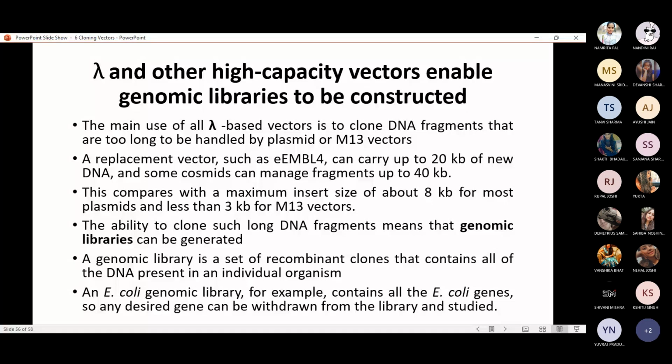And if your aim is to clone a whole genome, then you will find that any genome is thousands of kb in size, while here you can put just a few kb of your gene into a vector. If you want to clone the whole genome, then certainly how many vectors and how many clones you will require is going to be an issue.